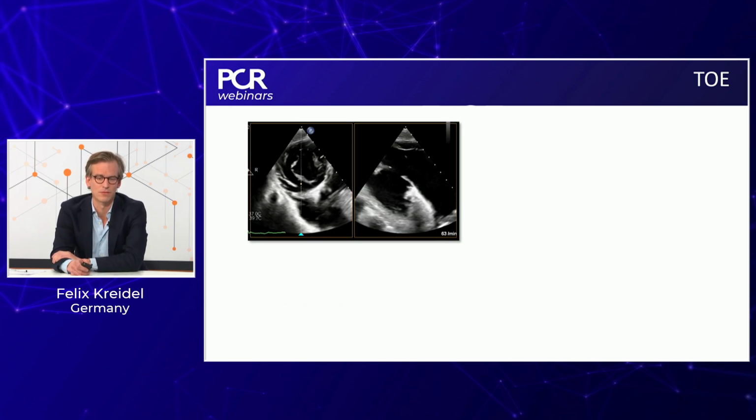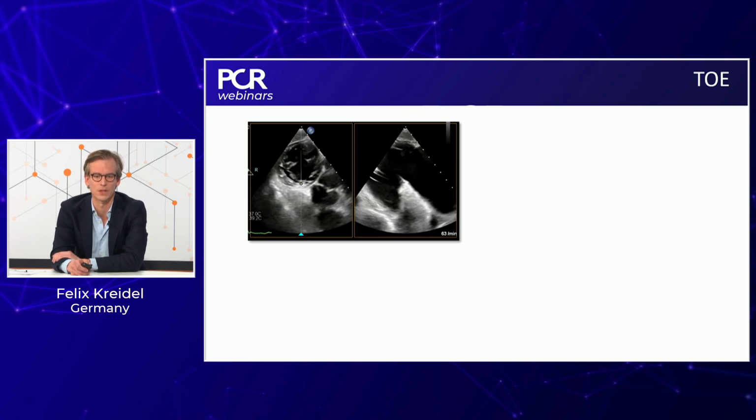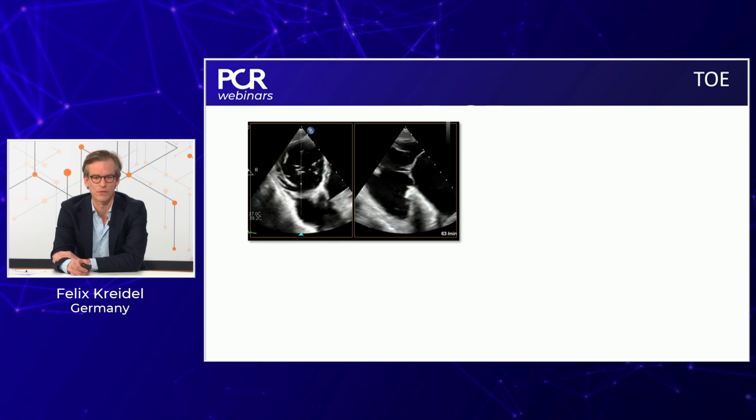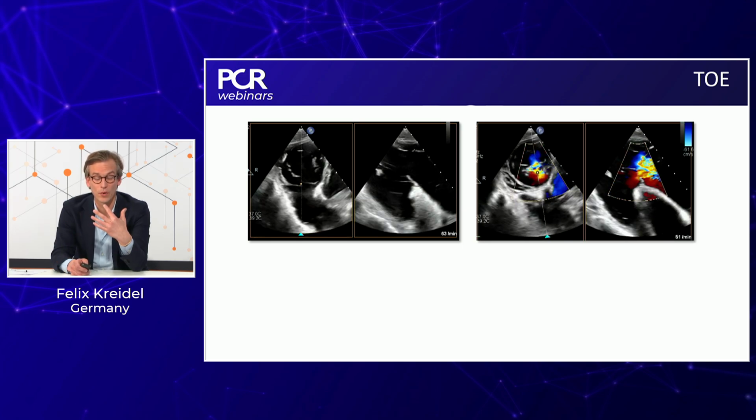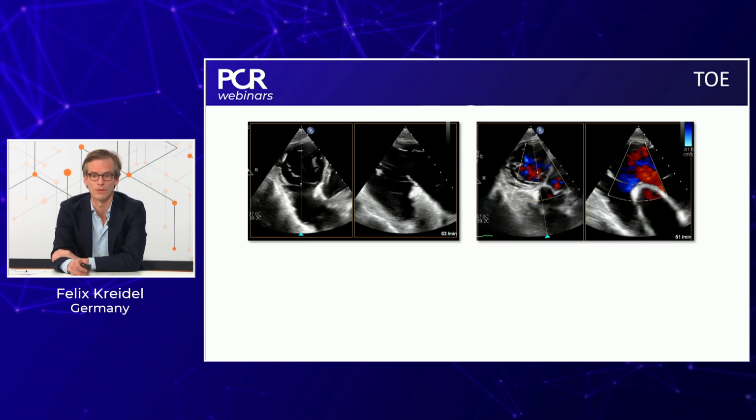Then, this is really the eye-opener when it comes to assessing tricuspid morphology, the transgastric view. And you can again appreciate 3 leaflets. It's really a textbook-like tricuspid valve. What is then important is to understand where there is the least coaptation, where you have the biggest color Doppler information.